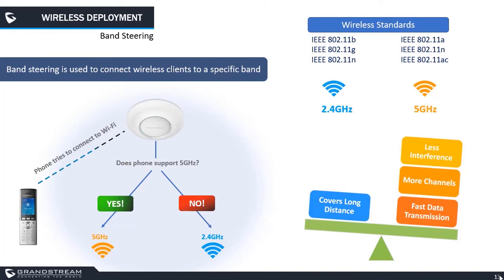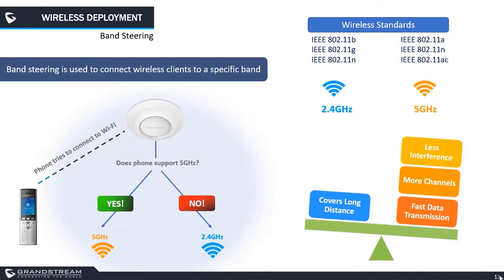Because it's very hard to predict which wireless devices will connect to your access points, and because you don't know which wireless standard the devices support, the GWN 7600 series supports an option we call band steering, which basically allows administrators to adjust which band to prioritize, either 2.4 or 5 gigahertz, when wireless clients try to connect to the access point.